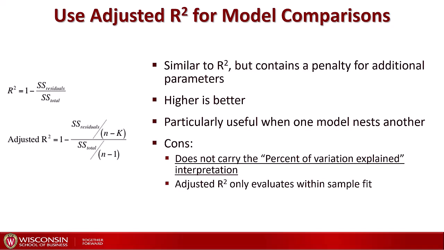Also, it's only going to evaluate within-sample fit, which means that it sometimes misleads us if the correlation between the variable that we added and our outcome of interest just happened to be strong enough in our sample, but maybe it doesn't reflect the correlation in the overall population.